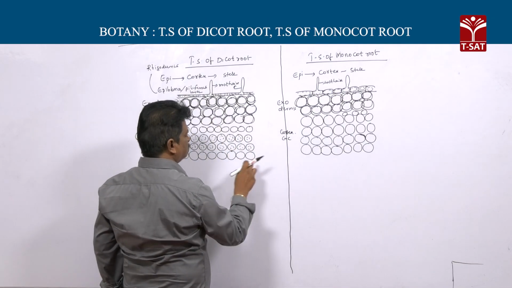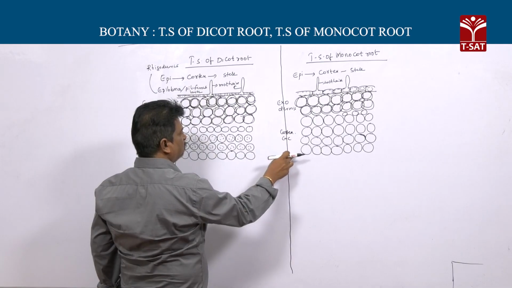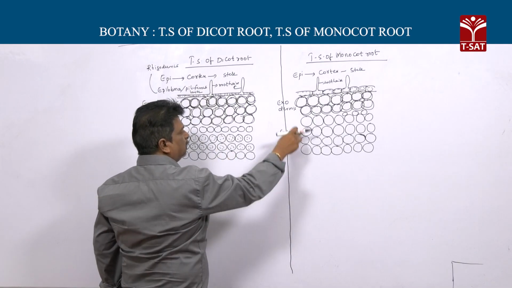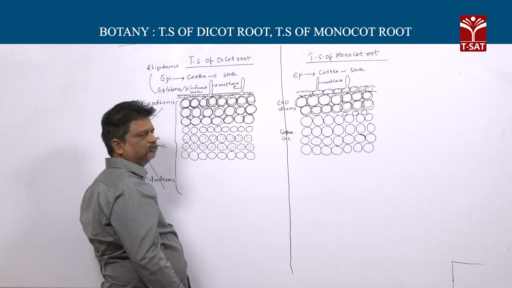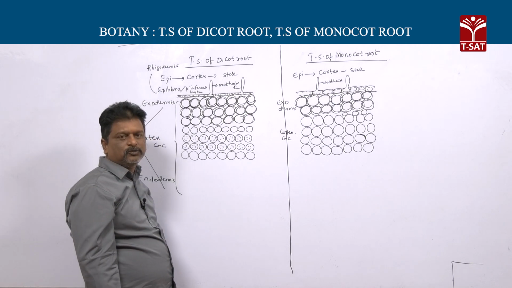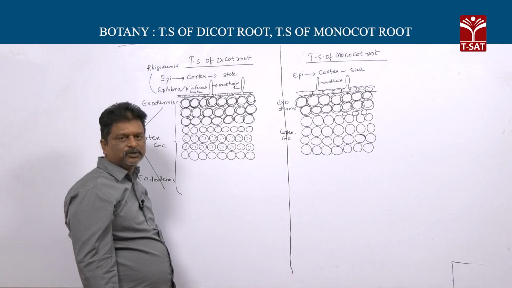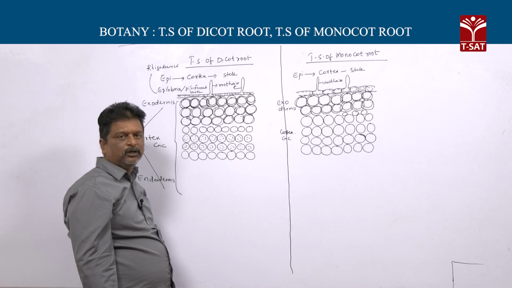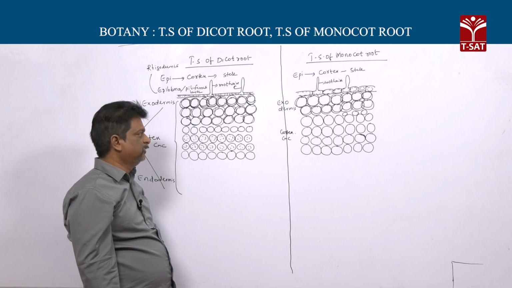In both roots, along with storage, they help in lateral conduction, that too mostly through cell wall and intercellular spaces, rightly called apoplastic pathway.